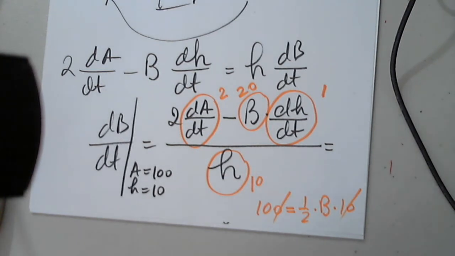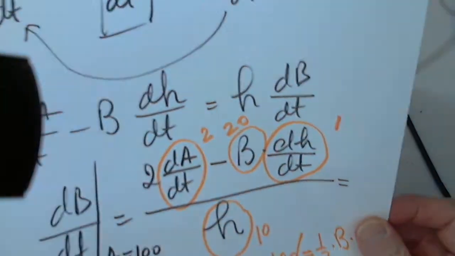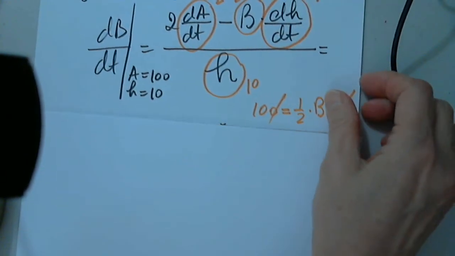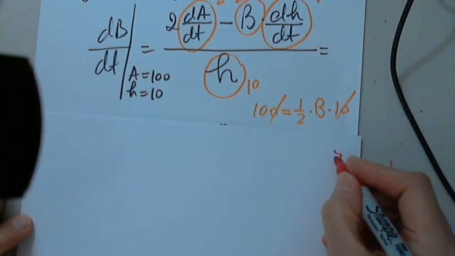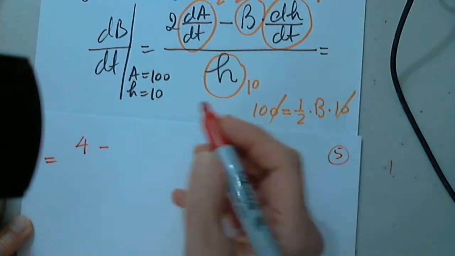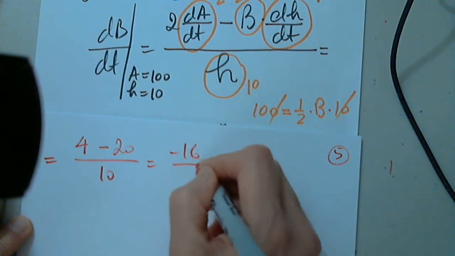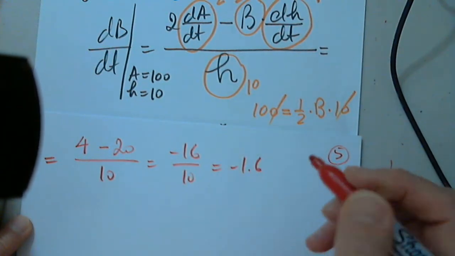So the answer could be positive, it could be negative. Just making sure, because it appears I'm getting a negative number. Good, so I have 4, I have minus 20, and I have over 10. So negative 16 over 10 equals negative 1.6.